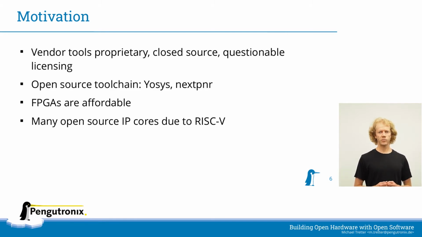Also, for hobbyists and beginners, it helps that there are many open source IP cores available. This might be experimental RISC-V CPUs or some other custom cores for SPI or video. You are able to look at other people's designs, use them, learn from them, and improve them, and having an open source toolchain to observe how they are synthesized encourages learning as well.